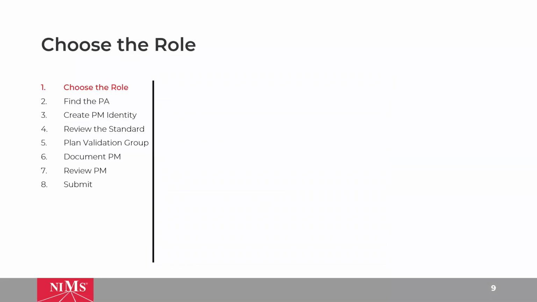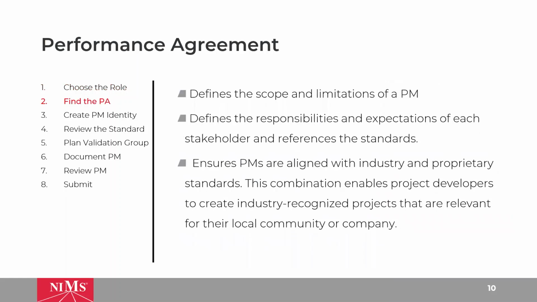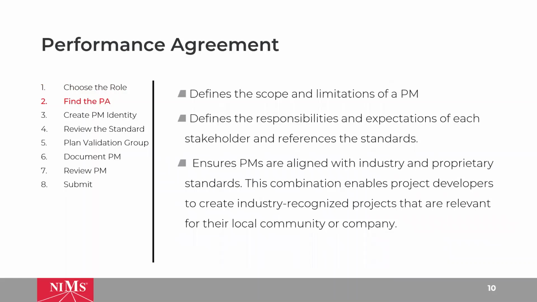The first step is you choose the role. For this webinar, I'll use manual milling specialist as an example. All right, so we're picking manual milling specialist. After you've done this, you look up the performance agreement. The performance agreement defines the scope and limitation of a performance measure.